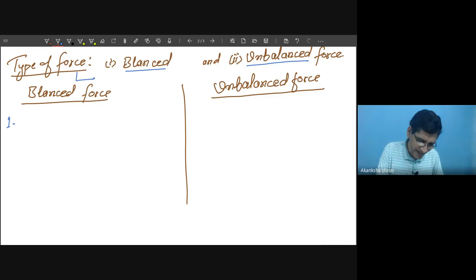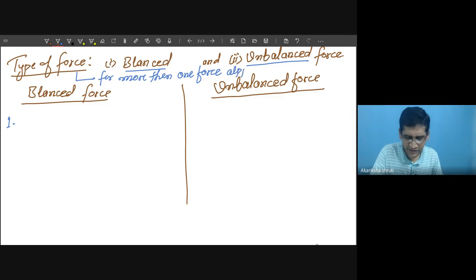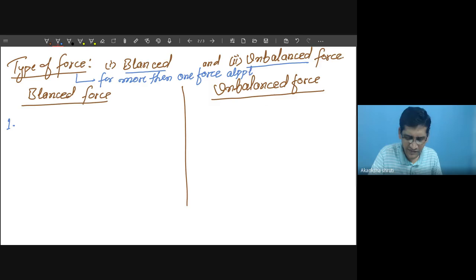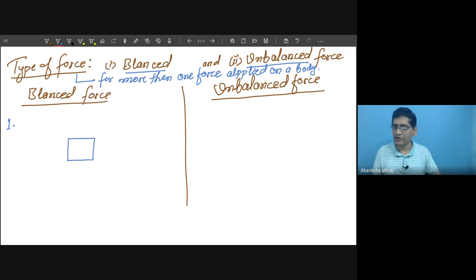So these balanced and unbalanced forces are for more than one force applied on a body. Means for defining balanced force and unbalanced force, I must take more than one force applied on a body.